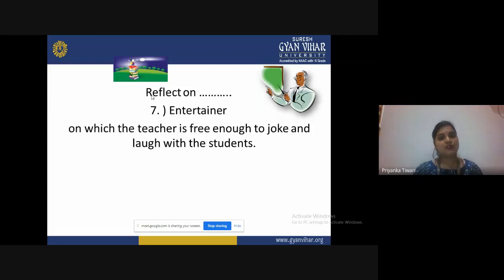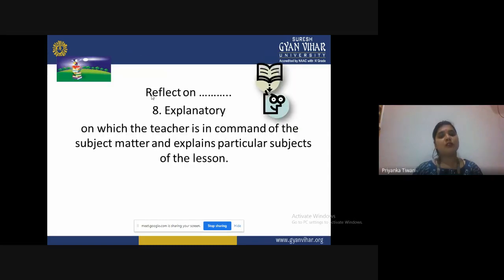So, reflection on the type in which the teacher is free enough to joke and laugh with the students. Reflect on explanatory, in which the teacher is in command of the subject matter and explains the particular subject of the lesson.